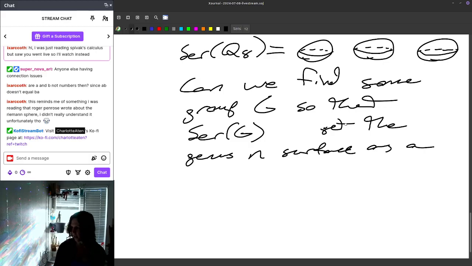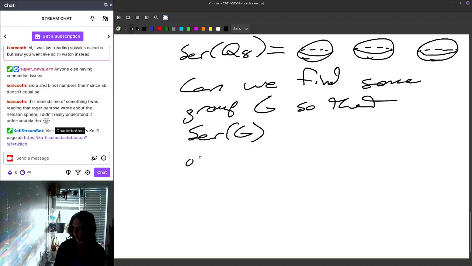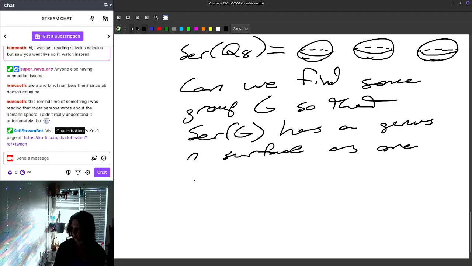I trailed off in my sentence here. So can we find some group so that this serenation, this manifold that we make, has a genus N surface as one of its components?